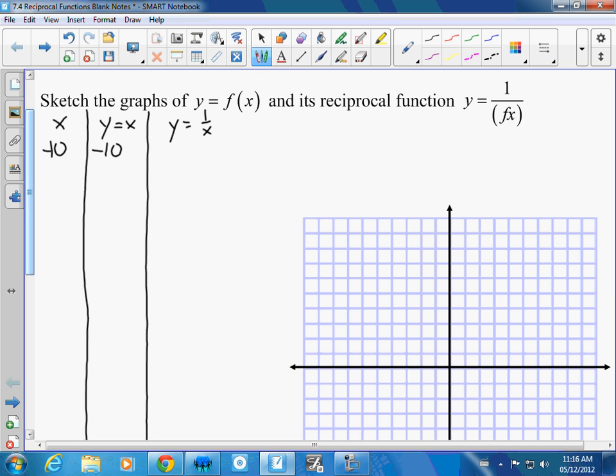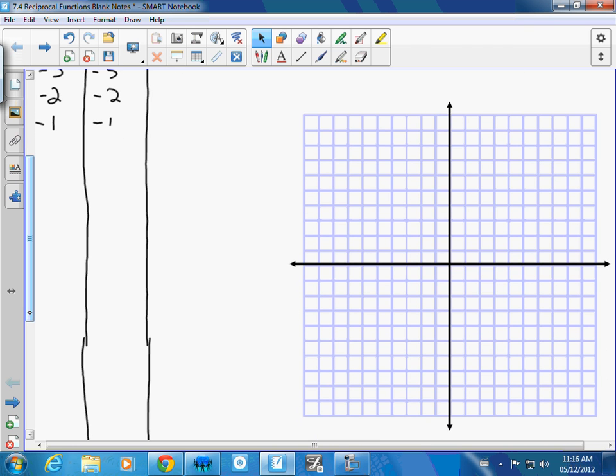If x is negative 5, what's y? Negative 5. Oh, that's easy. If x is negative 2, negative 2. If x is negative 1, negative 1. If x is 0, oh, that's easy. 1. 2. 5.